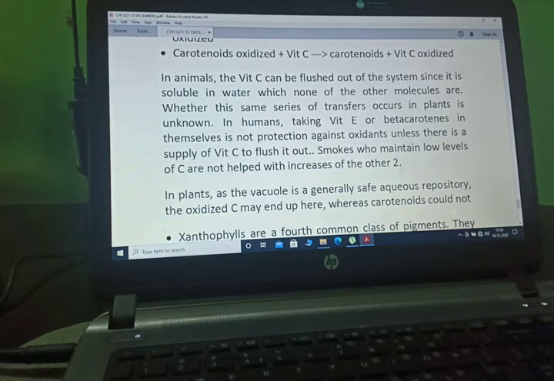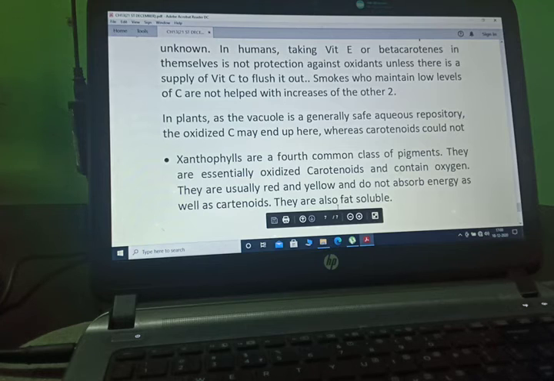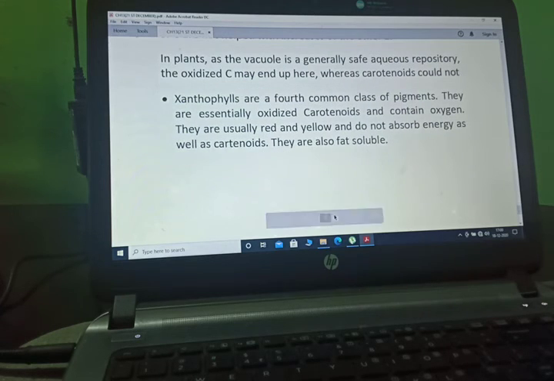Whether this same series of transfer occurs in plants is unknown. In humans, vitamin E or beta carotene in themselves is not protection against oxidants unless there is a supply of vitamin C to flush it out. In plants, as the vacuole is a general safe aqueous repository, the oxidized vitamin C may go there, wherever carotenoids could not.